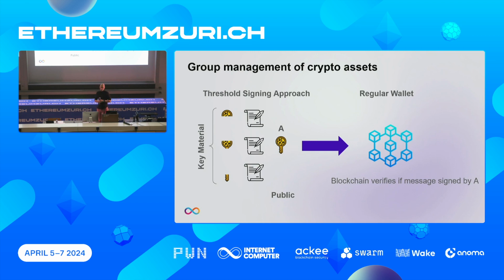It is never reconstructed, never revealed, and so when you sign a message with threshold cryptography, it is indistinguishable from signing a message from a particular user with a private key. And that is a key difference. Our head of product at DFINITY makes a very nice analogy that threshold cryptography is akin to a limited liability corporation, while multisig is akin to a partnership.